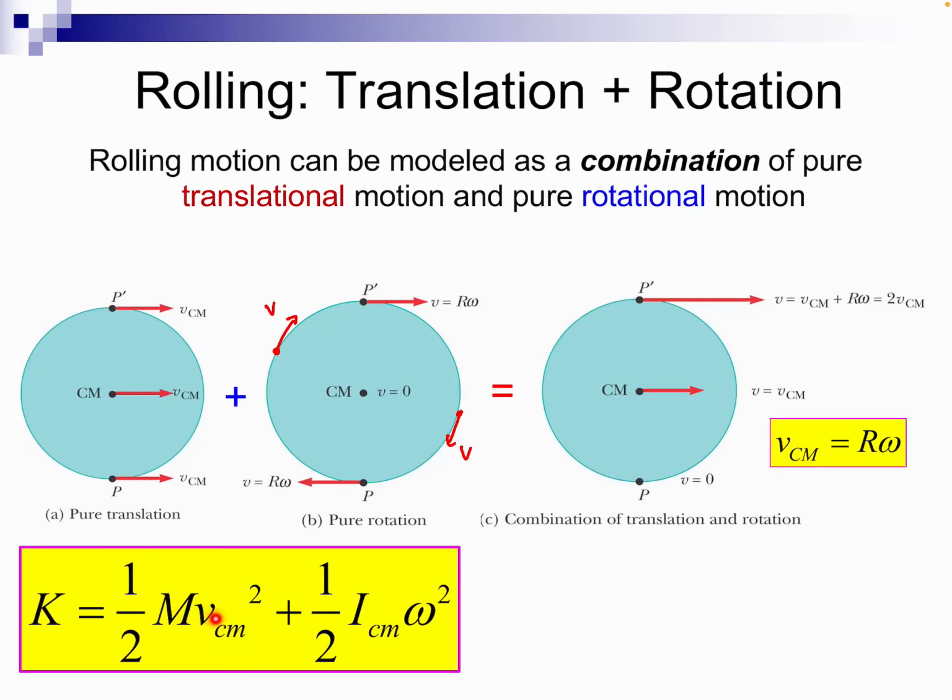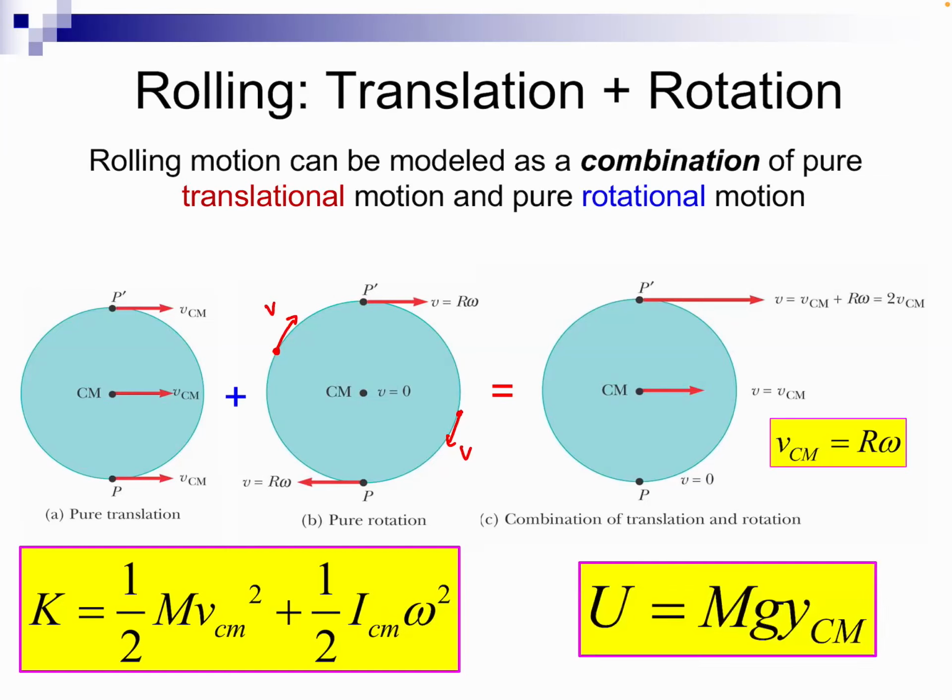So the total kinetic energy of a rolling object will include the kinetic energy of the linear or translational motion, 1/2 mv squared, since it's just the center of mass that's moving, plus the kinetic energy of the rotational motion, 1/2 the moment of inertia of the center of mass times angular speed squared.